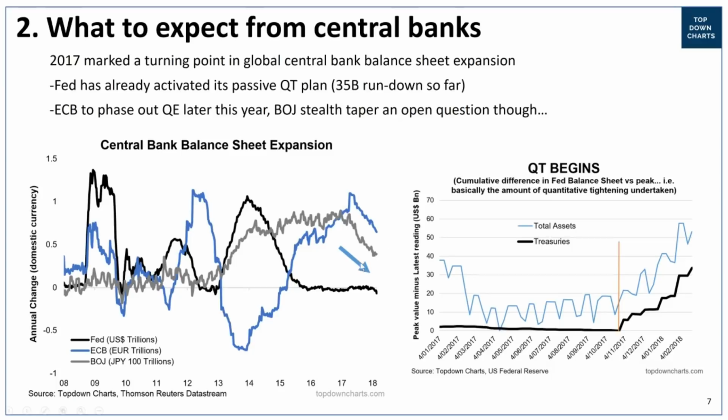So it's going to follow the direction of that blue arrow. We already know what's going on with the Fed, which is the black line, going from just maintaining its balance sheet to now running it down. The grey line, though, is kind of the grey area.